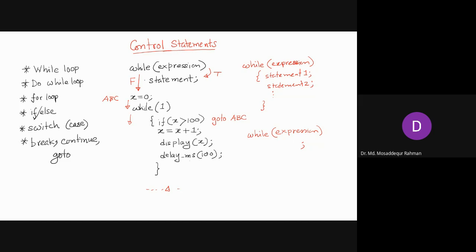So we are discussing the basic while statement here. What happens when you take this control statement out, right? If you take that out, you are left with a semicolon, right? So what will be the response of the program?